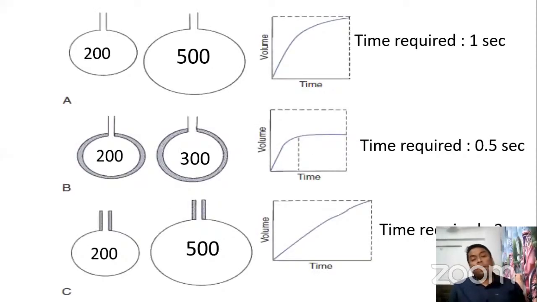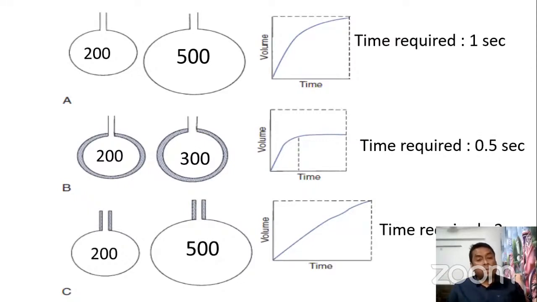We can take help of this diagram to understand the effect of compliance and resistance on ventilation. The uppermost diagram is of a lung with normal compliance and resistance. The original tidal volume is 500 ml and it expires 300 ml of tidal volume in 1 second.